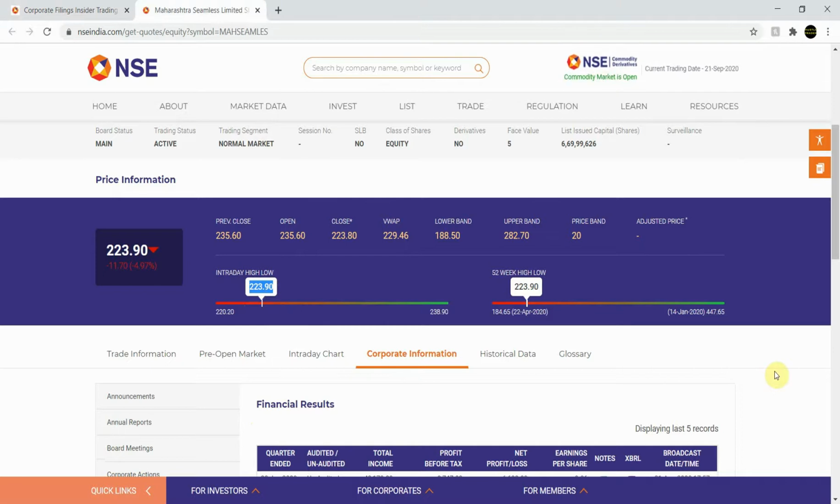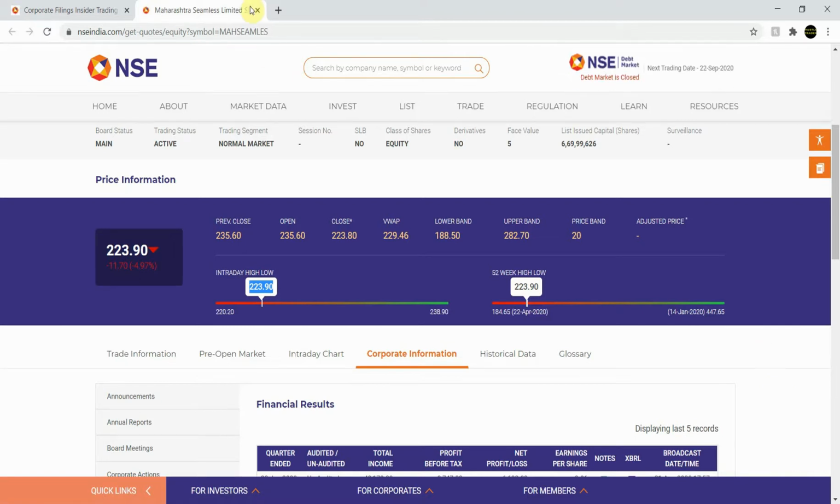So again, our aim is to buy at the price closest to the average price at which the promoters have made a position. So as you can see, it's 223.90. So we can easily calculate whether or not it falls within the range of plus minus 3% of the average price at which the promoters have made a position.